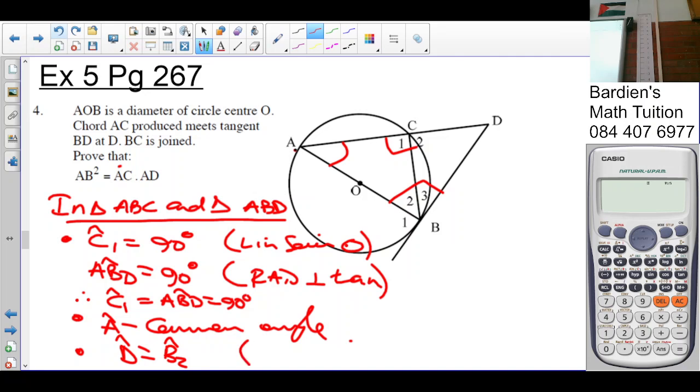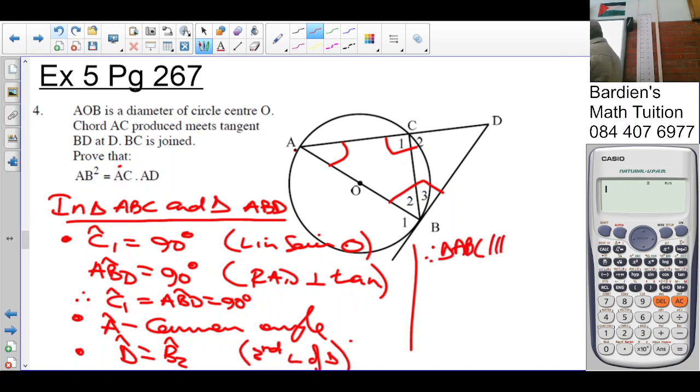Because of the third angle of triangle. Then you can say therefore triangle ABC is similar to triangle ABD, with A common. Angle B corresponds with D, and angle C corresponds with angle B. The reason here is angle, angle, angle.